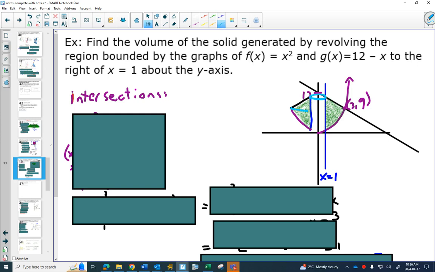I'm going to draw a little circle there, and one here. I draw that shape right there. That is the end volume that you would get.